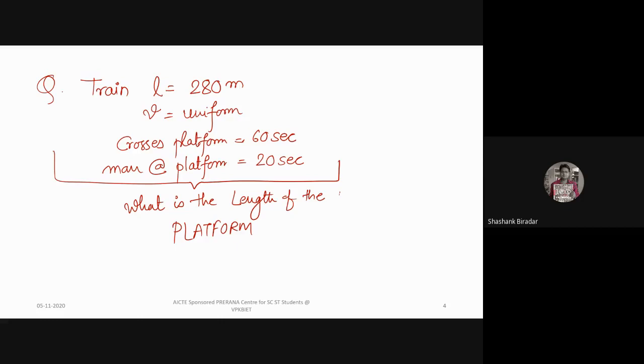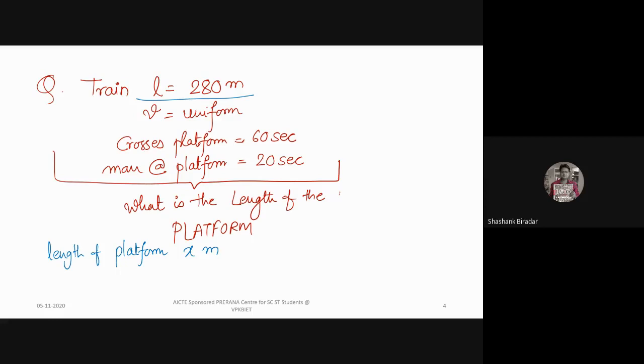Yes, anybody? Look here. We will assume that the length of the platform will be x, and the train length is given as 280 meters. So you can now correlate.